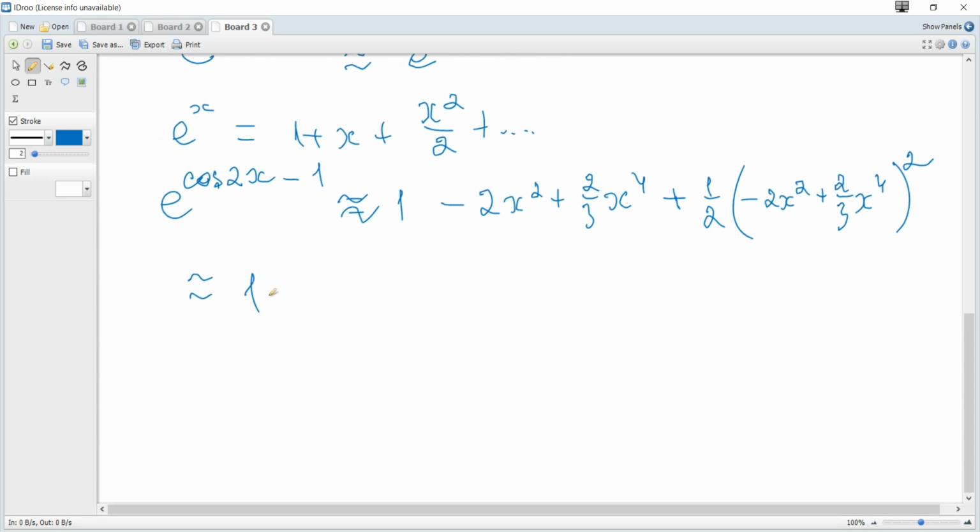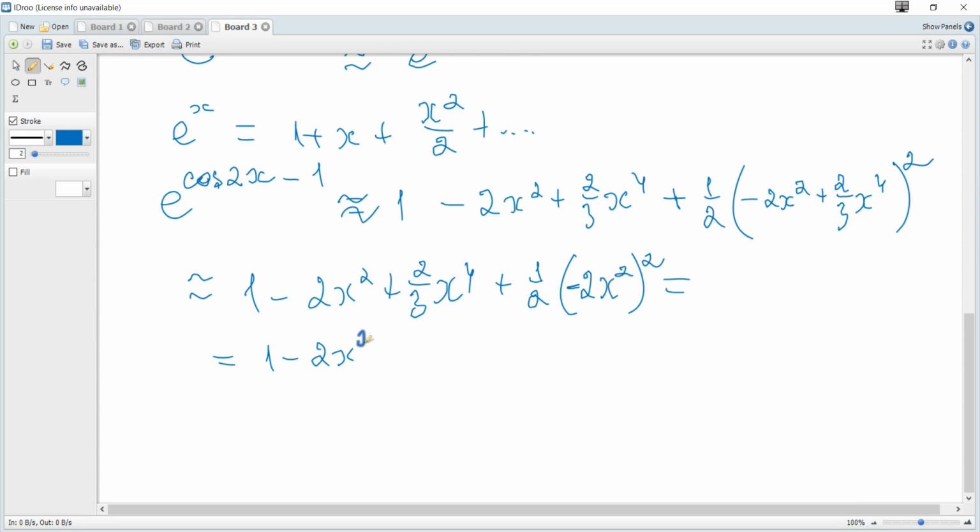So it becomes 1 minus 2x squared plus 2 thirds x to the power of 4 plus 1 over 2 times negative 2x squared, squared. So it becomes 1 minus 2x squared plus 2 thirds x to the power of 4 plus 4 over 2, so plus 2x to the power of 4.